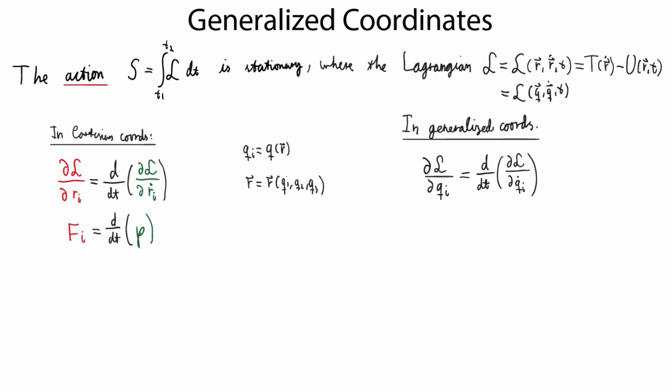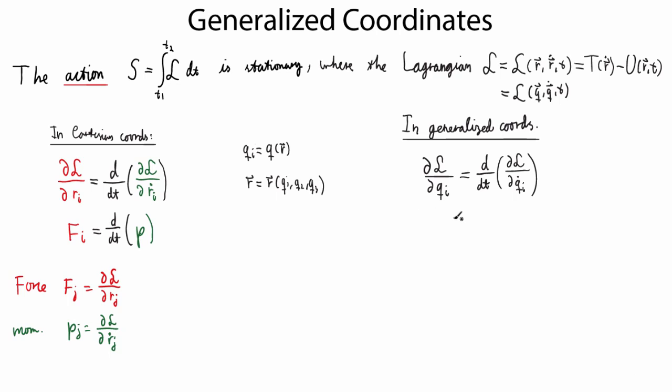So that, to be specific, we have the force f_j equals the partial derivative of the Lagrangian with respect to position in the j direction, and the momentum is the partial derivative with respect to the corresponding velocity.